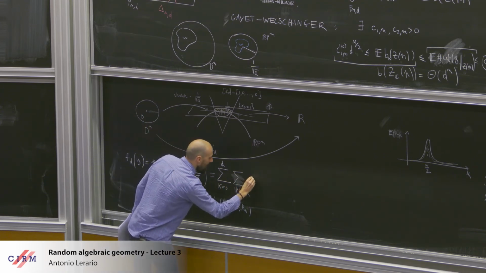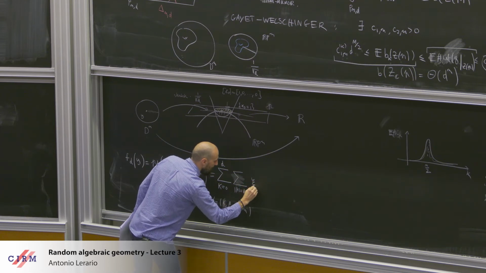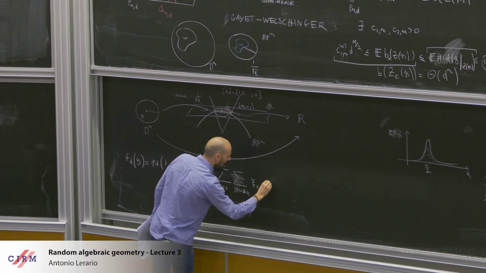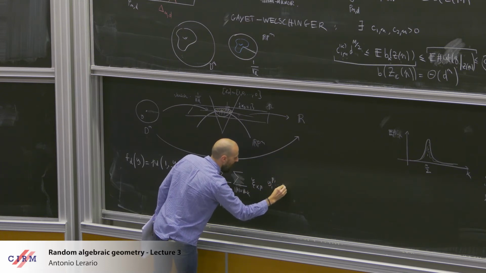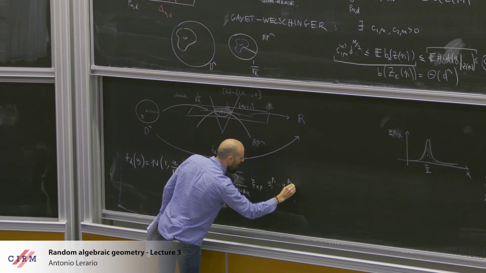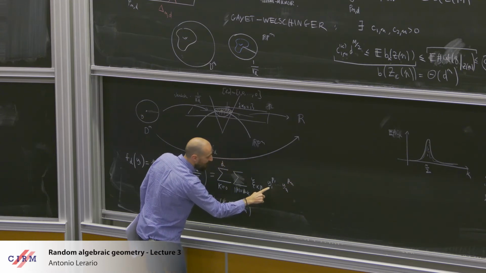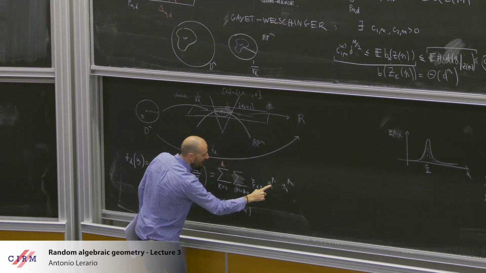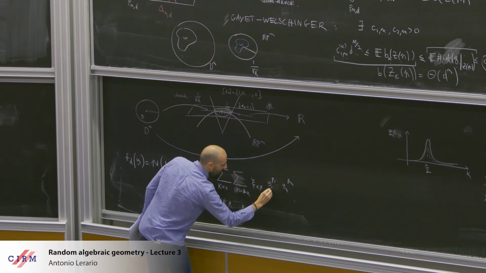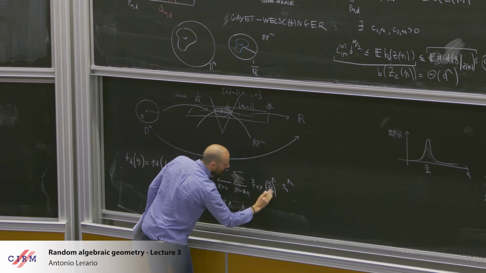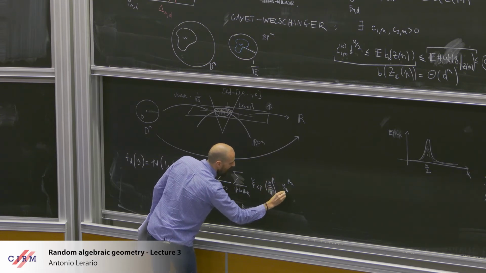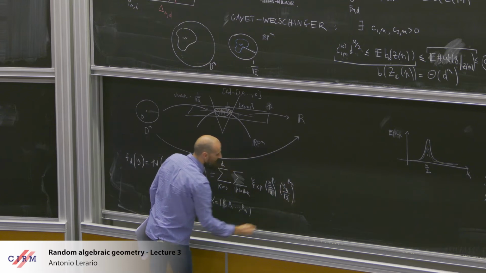There is the Gaussian coefficient psi k beta, and then y1 to the beta 1, yn to the beta n, and each one of these is divided by square root of d, square root of d. Let's make it this way so it's more clear.